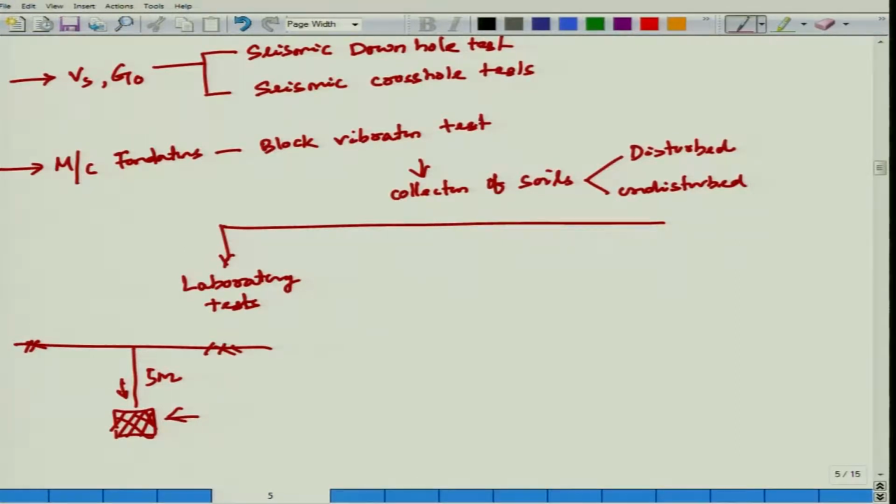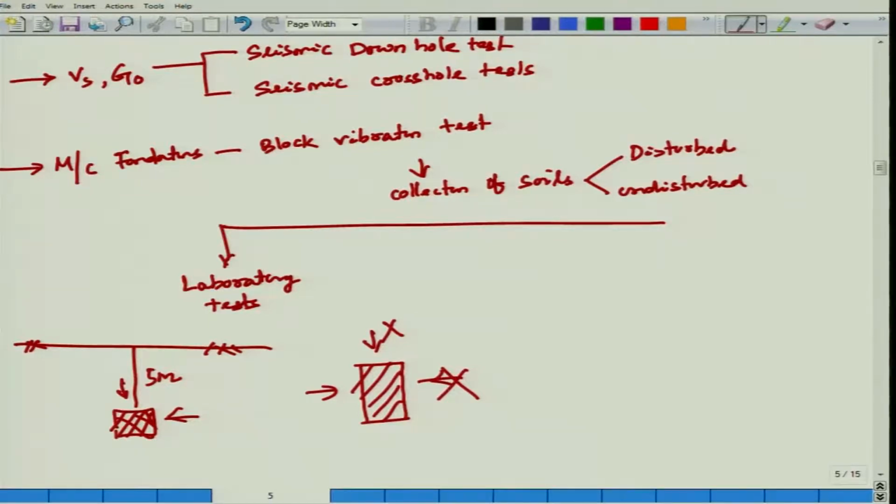The moment you take out the undisturbed soil sample by sampler tubes, this is my sampler tube, inside the sampler tube you have collected your undisturbed soil samples. What will happen once I take it out from the ground? Its confinement is lost. That means overburden pressure is lost, confining pressure is lost.